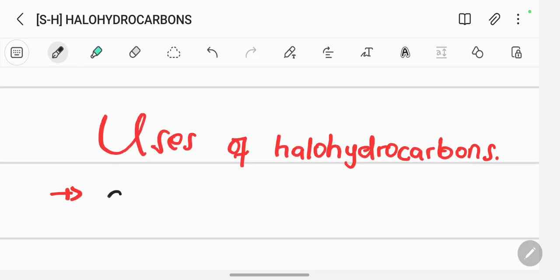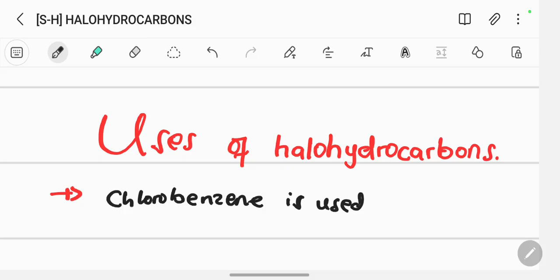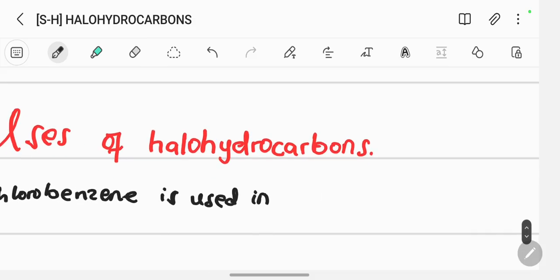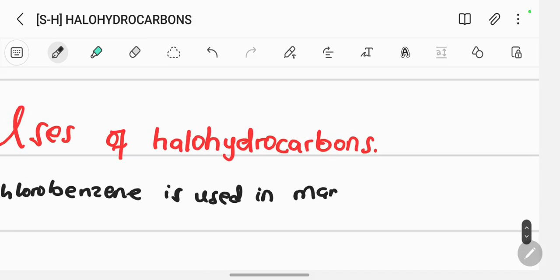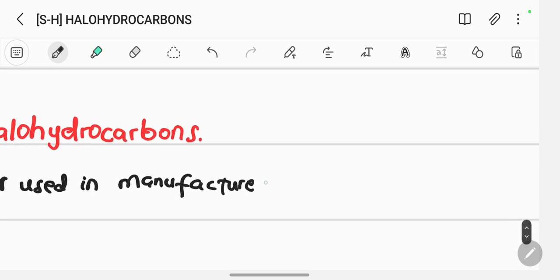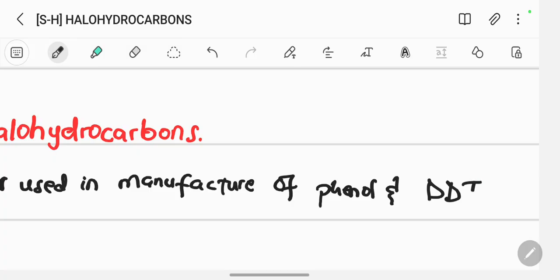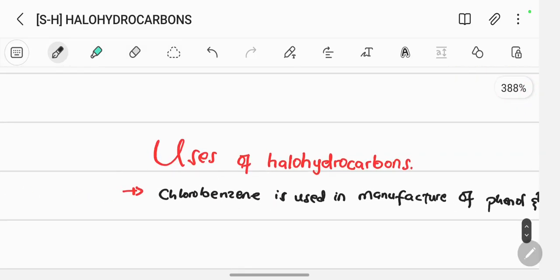Chlorobenzene is used in manufacture of phenol and DDT. You shall cover this DDT in biology. It's an insecticide.